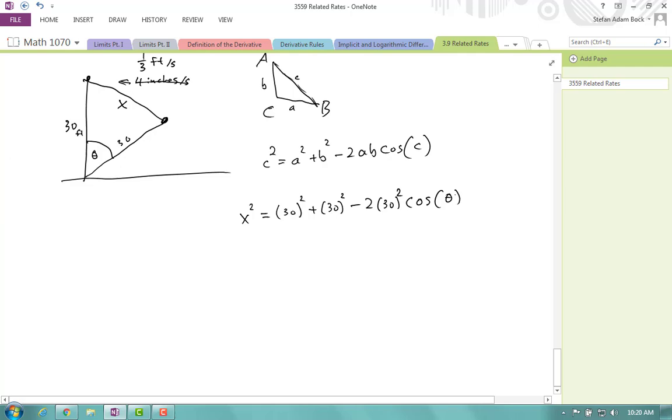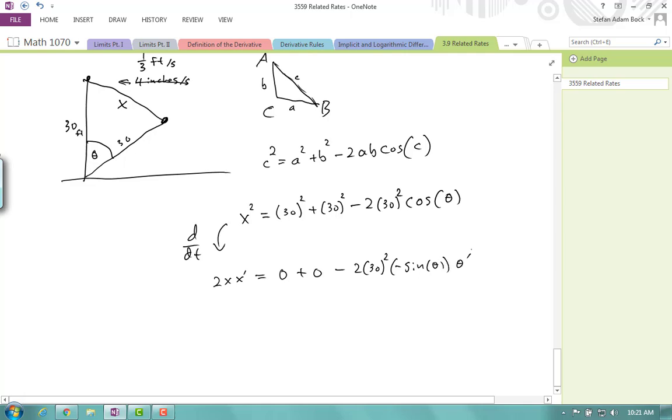Now, I want to take a derivative, like all of my related rates problems, since I have an equation. I'm going to get 2x, x prime, equals 0 plus 0, minus 2 times 30 squared. Derivative of cosine is negative sine times theta prime.